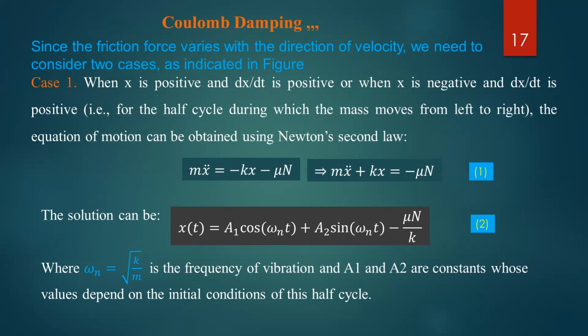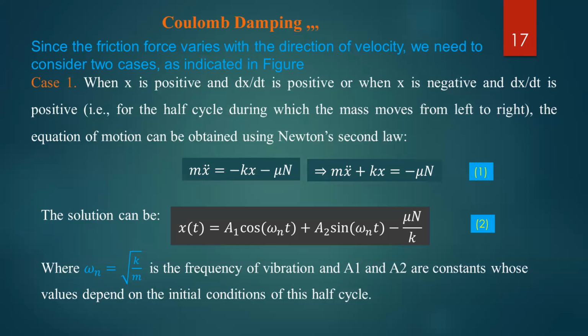Let's consider the first case, when the object is moving to the right. When x is positive, meaning movement in the forward direction, and dx/dt is positive, the rate of change of displacement is positive.